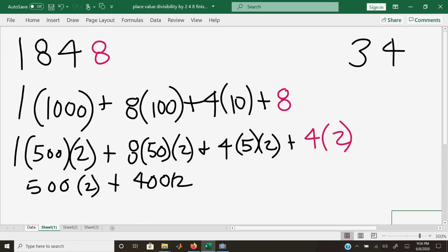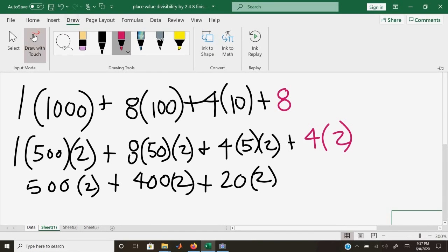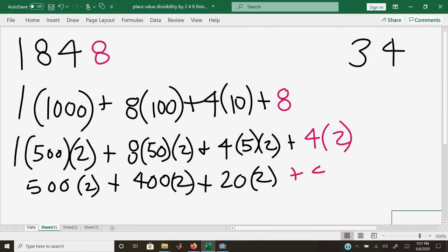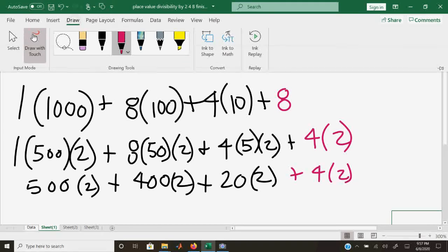I have another 400 2's, and then 4 times 5 is 20. 20 2's, and then I have my plus 4 times 2. So I can see if I'm trying to divide by 2, I'm going to have 500 plus 400 plus 20 plus 4, or 924 2's.